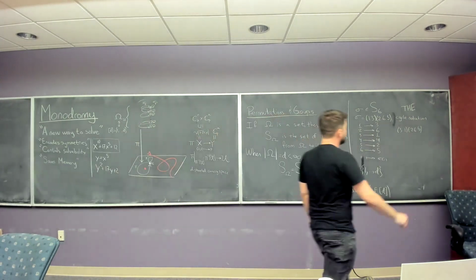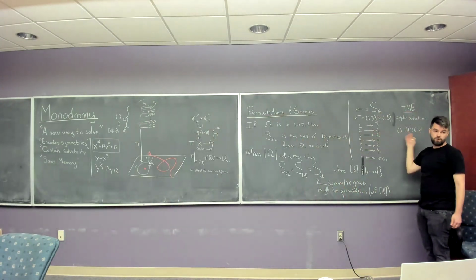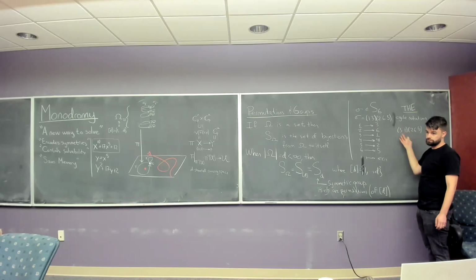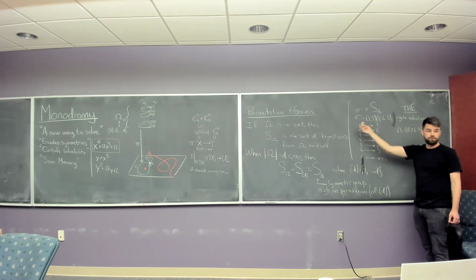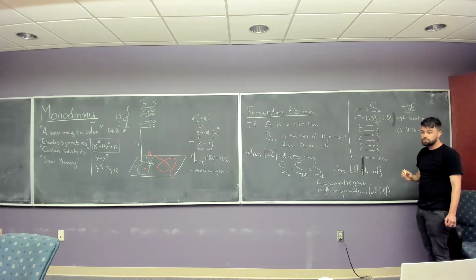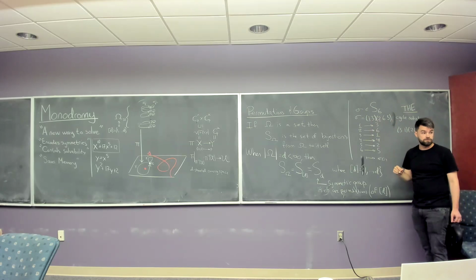But when I talk about the cycle notation, I mean a particular way of writing something like this. I want the first element in each cycle to be the smallest element in that cycle, and I want those first elements to form an increasing sequence.